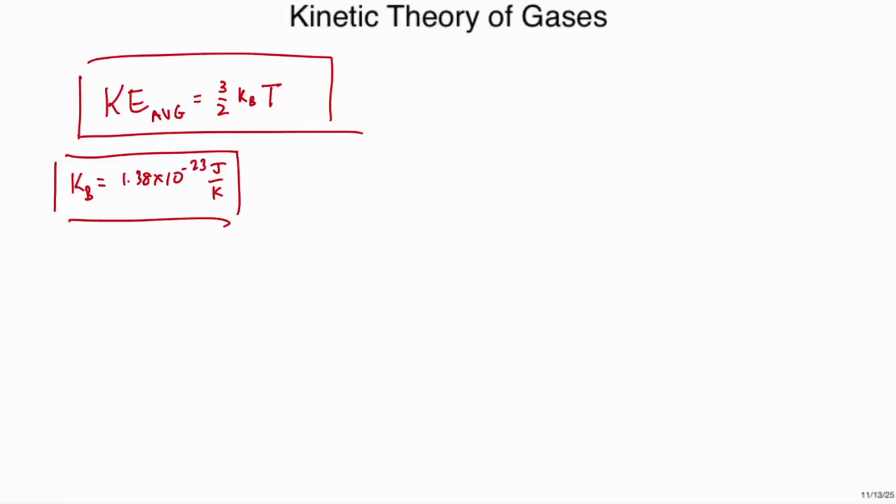Notice there's nothing in here about pressure, volume, number of moles of the gas. All of that matters because an ideal gas obeys kinetic theory. So if I know what the pressure and volume is, I can find the temperature and then from that temperature find the average kinetic energy.